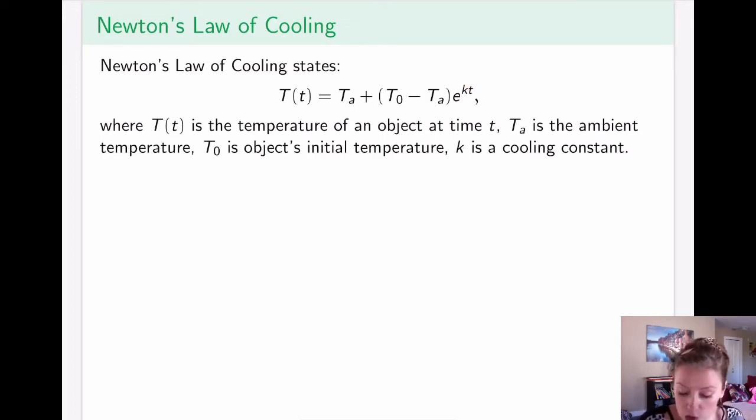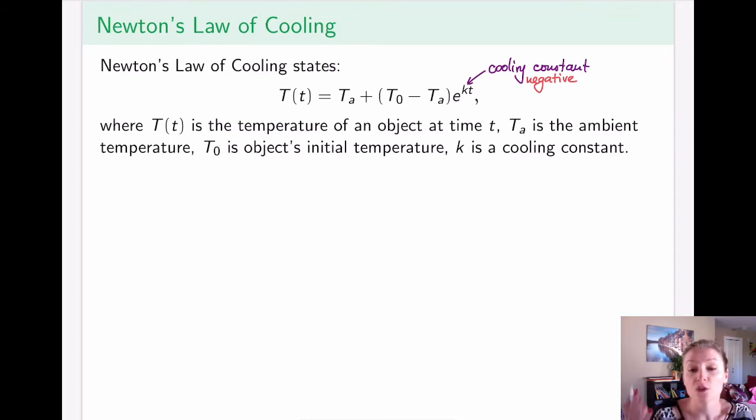Now, the first thing to notice here is that this cooling constant k, because the object is cooling, is going to be negative. You can think of the situation as, let's say, a cake taken out of the oven into a much cooler room, and the cake being cooled down in the ambient temperature of the room.